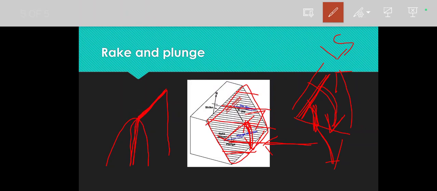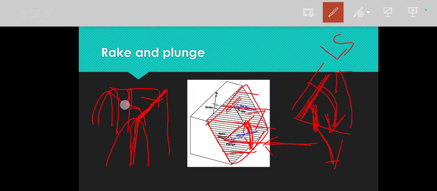Sometimes this fold can be tilted from the horizontal at a certain angle, and this particular angle is your plunge. This is the plunging fold, where the horizontal fold is tilted in the vertical plane in the south direction.